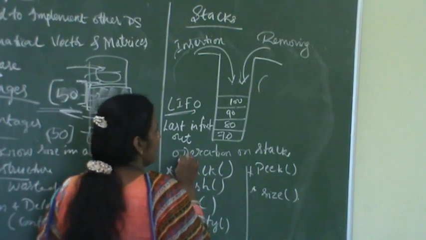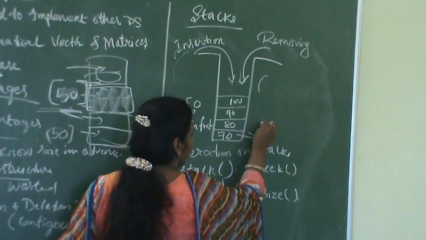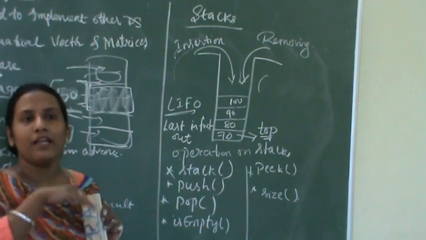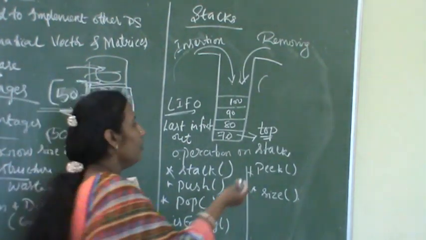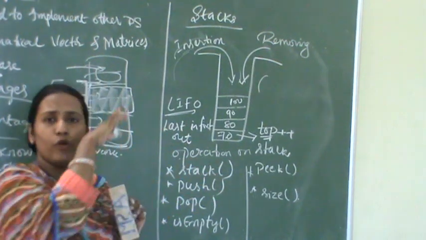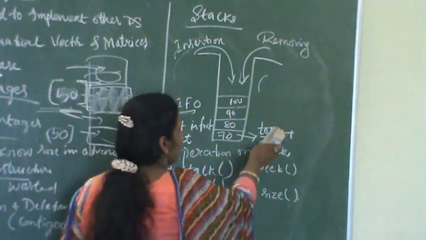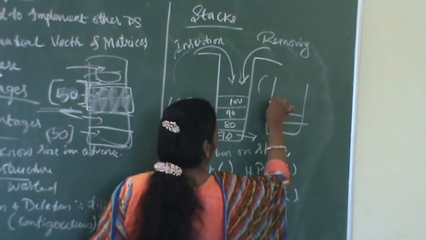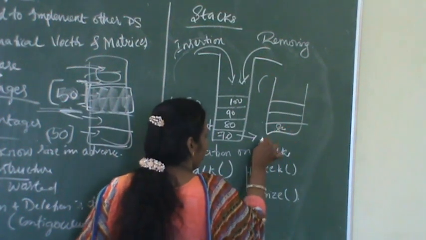Here the stack uses a pointer called top. This is the top pointer. Whenever elements are added into the stack, this top pointer gets incremented, meaning it points to the next location. First, imagine the stack is empty and the top is here.